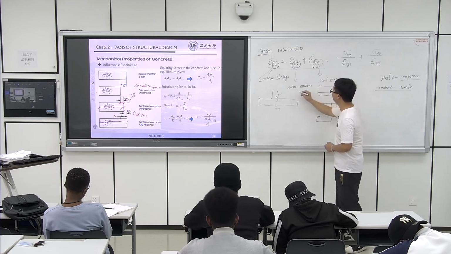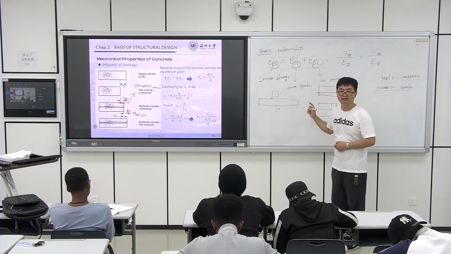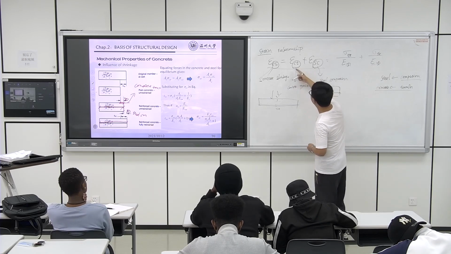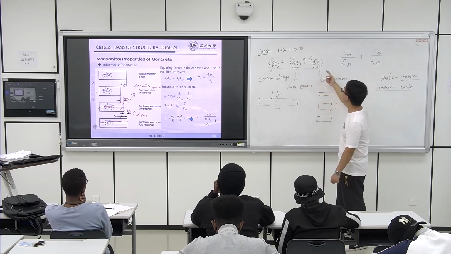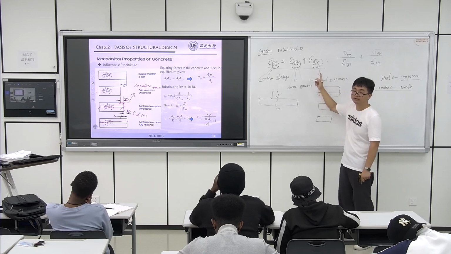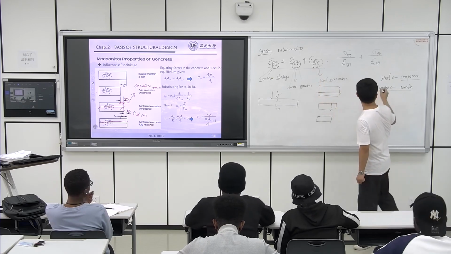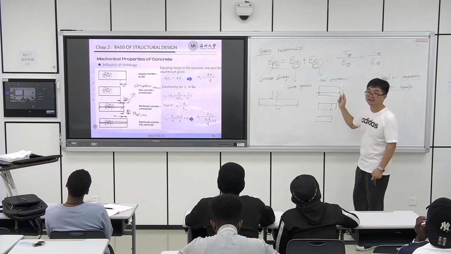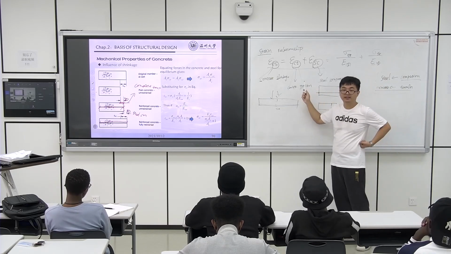So we get the first characteristic: the concrete is in tension, and the steel bars are in compression. Here we know exactly the meaning of the strain.